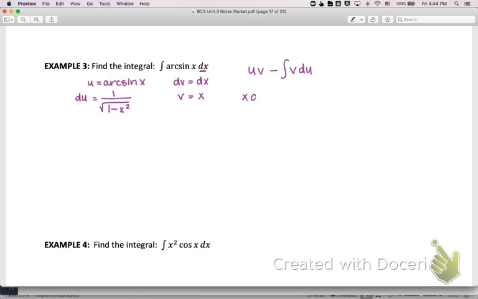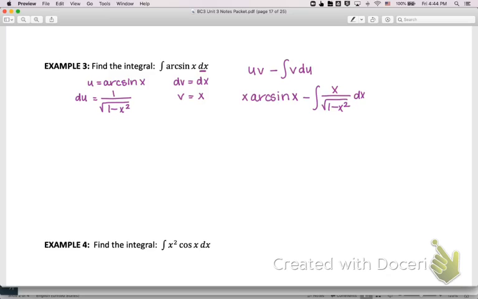So I'm going to write this as x arcsine of x. And then we can subtract the integral of v times du. So that ends up being x over the square root of 1 minus x squared dx.